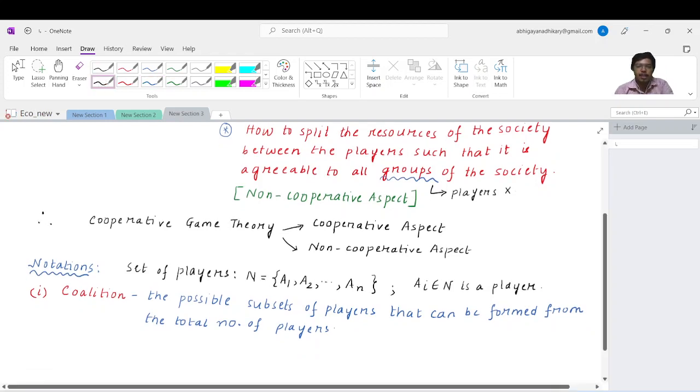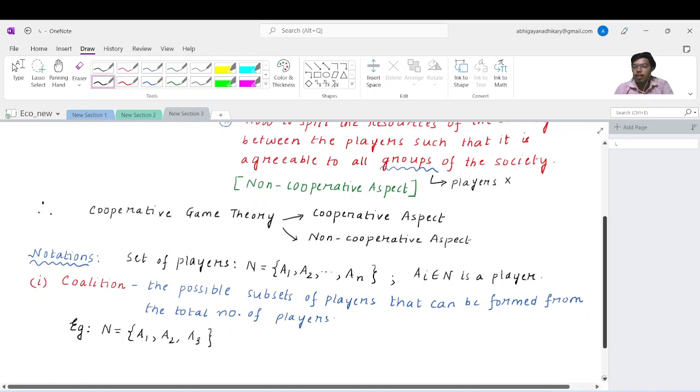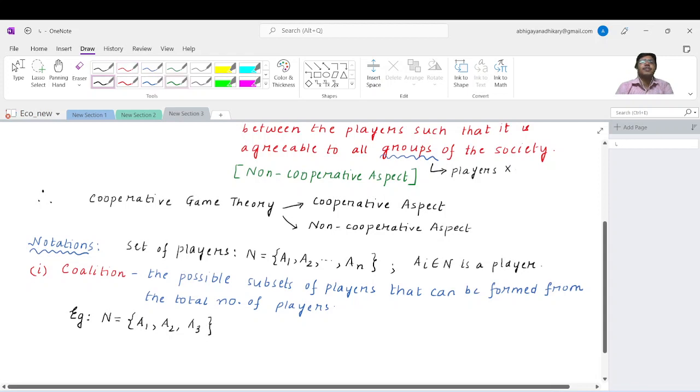So let's take an example that will simplify things a lot. Suppose I take a society consisting of 3 players, A1, A2, A3. Then what can be the possible subsets of N?